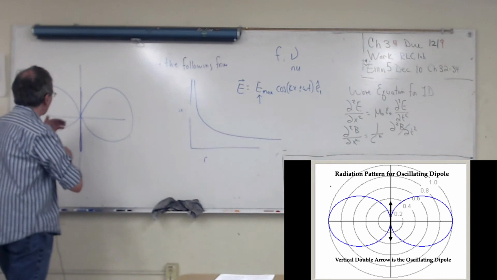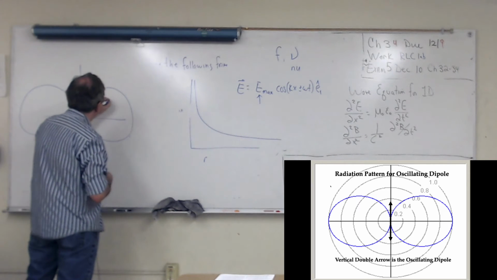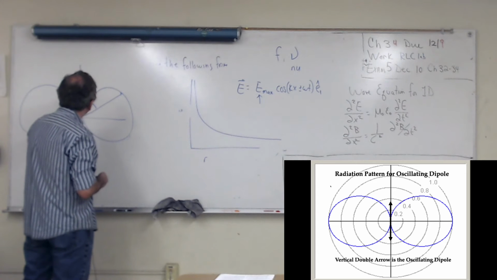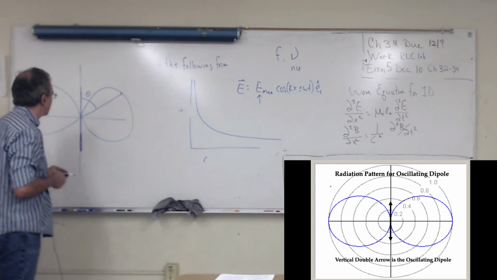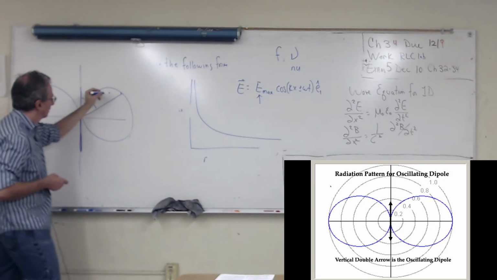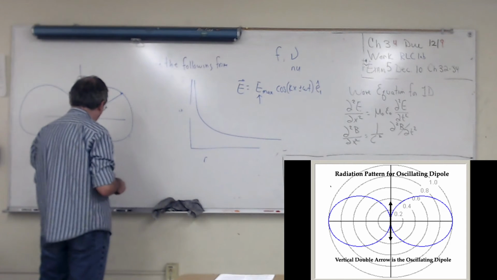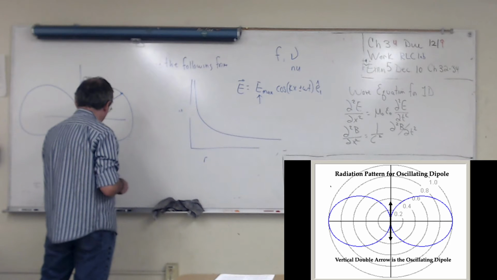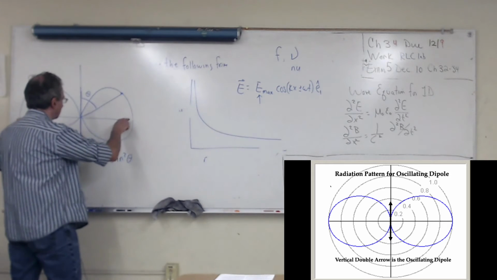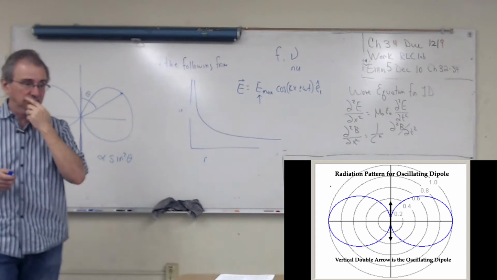Now, there's no energy in this direction, but if you look at the energy per unit area per unit of time that's radiated as a function of the angle between the axis of the dipole and some point here, you'll find that it's proportional to sine squared theta, and the energy is maximum perpendicular to the axis of the dipole.